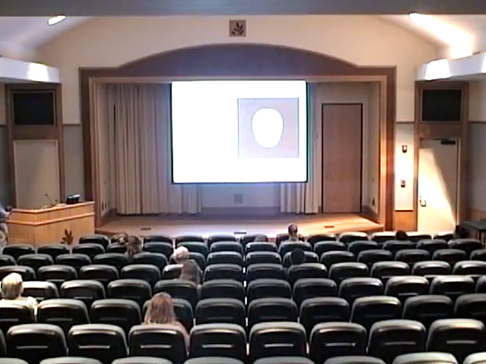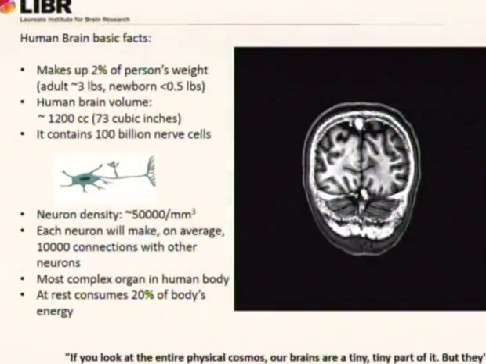It's a cell, has a body, a long axon, dendrites, and has neuron density. In the gray matter, which I'm going to talk about shortly, there are roughly 50,000 neurons packed in 1 cubic millimeter.